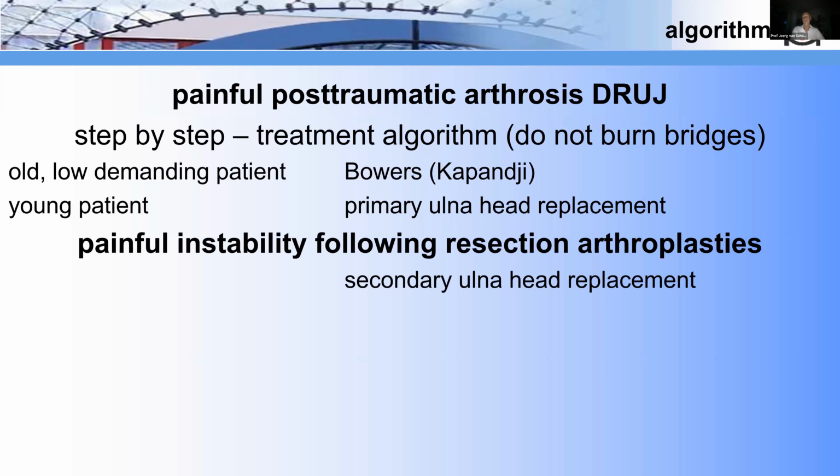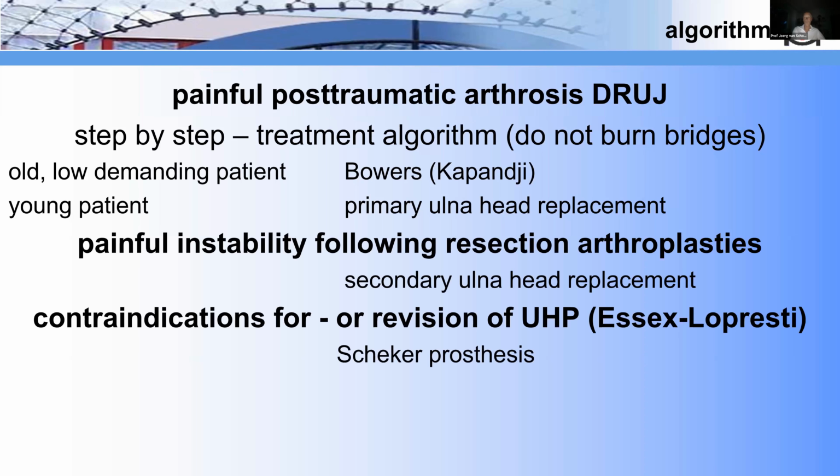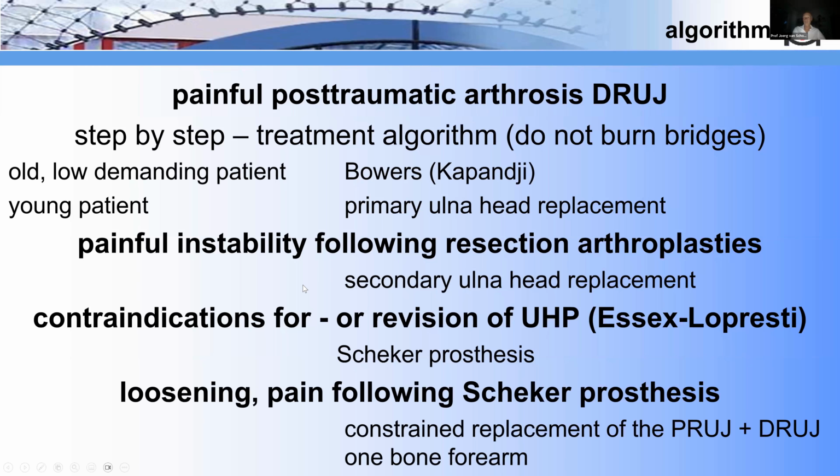If we really have the situation of painful instability following resection arthroplasties, my treatment is secondary ulnar head replacement to restore forearm stability in all patients where we don't have any contraindications. If we have contraindications for simple ulnar head replacement, or we have to revise recurrent instability despite restoration of the forearm stability, or in exceptional situations, I perform the Scheker prosthesis.